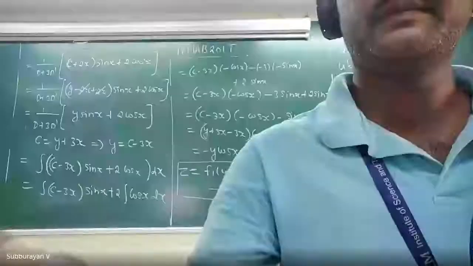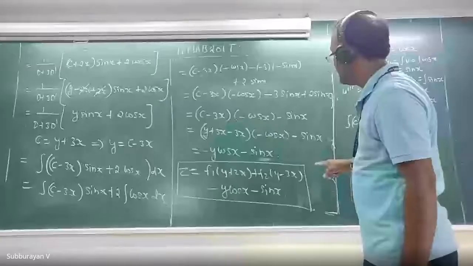Sir, in the last step, c minus 3x into sin x, so we will multiply x into sin x also, right? X will be there, so x will be integrated. In the above line, where we are integrating that part, c minus 3x into sin x.